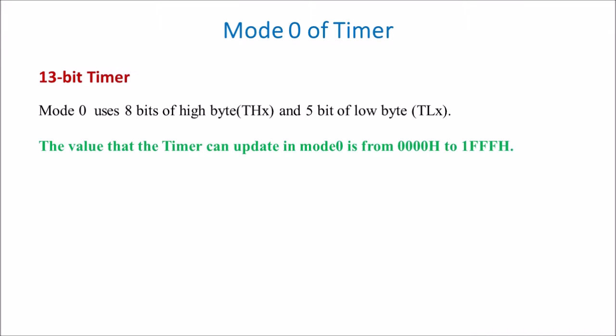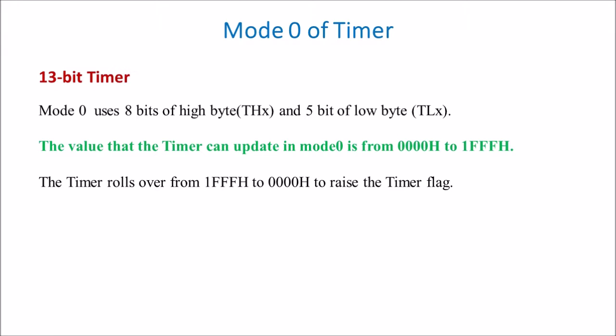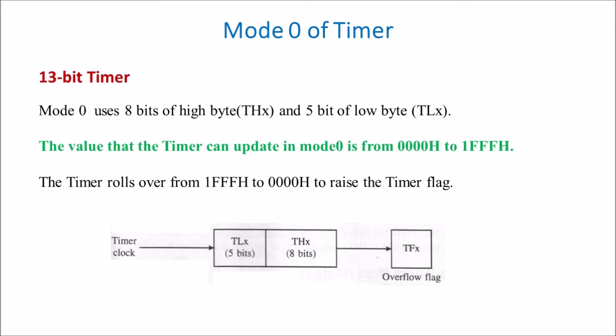So this timer counts from value 0 to 1FFFH. And when the count reaches 1FFFH, it rolls over back to 0000H and the corresponding timer flag bit is set to 1. So here we can use both timer 0 and timer 1 in mode 0. Both will be used as a 13-bit timer.